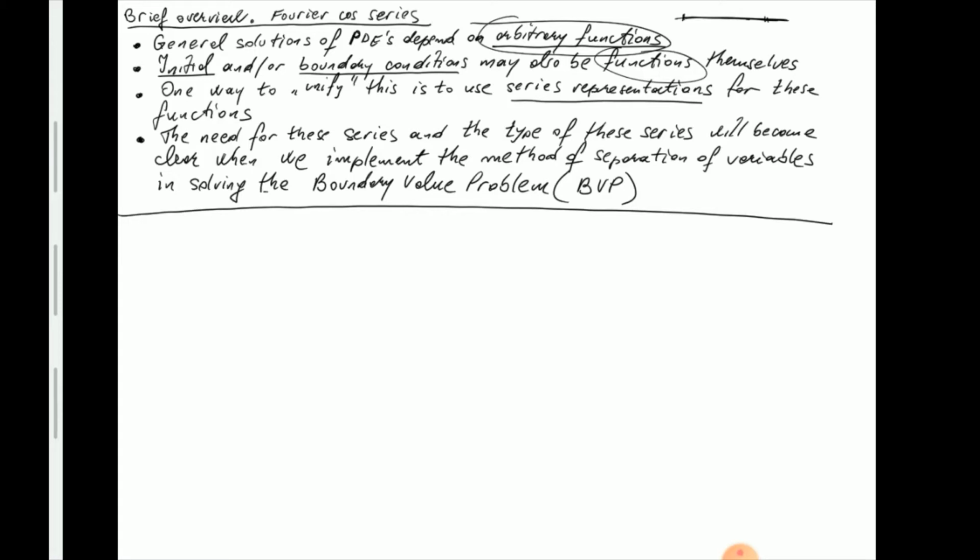So if you can find a series of functions which can represent all these functions involved in the PDE, then presumably you can find these solutions and match them with the boundary conditions.